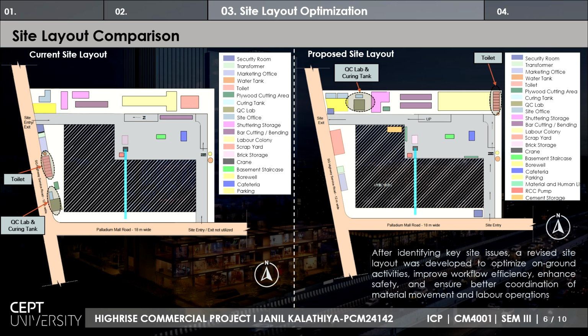Here the toilet was also shifted. The toilet was relocated near the entry beside the marketing area of the site, which gives a foul smell. Also, the labor colony and toilet area were located in two different locations.